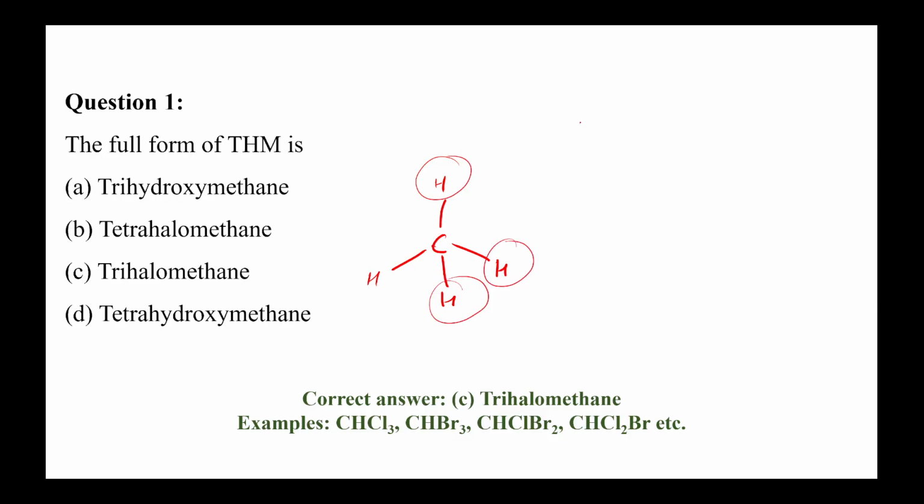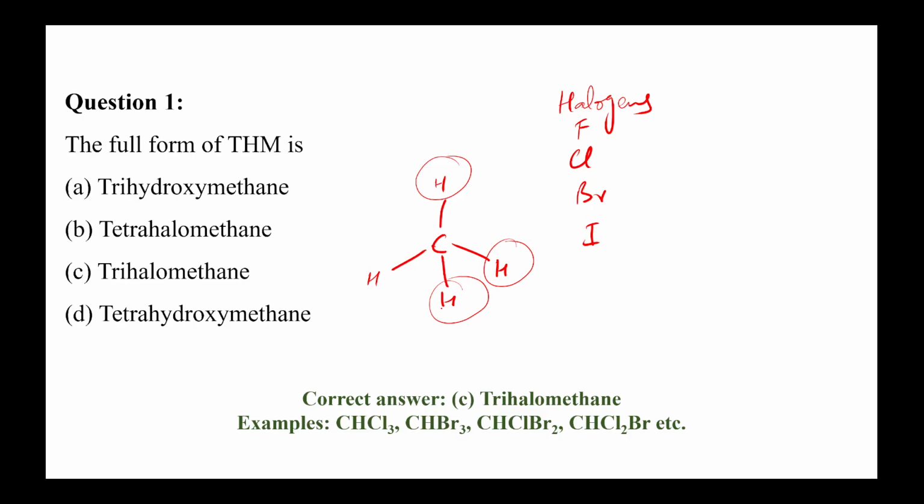So what are halogens? You have fluorine, chlorine, bromine, iodine, all these molecules on the periodic table. These are called halogens, and if 3 of the hydrogens are replaced with these halogen molecules, it makes a trihalomethane.